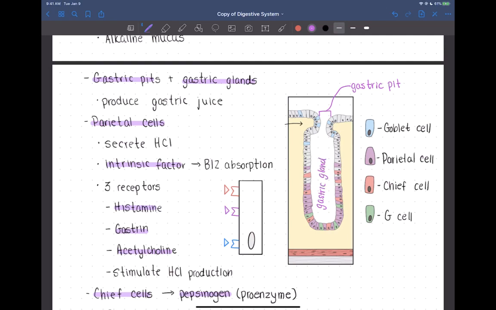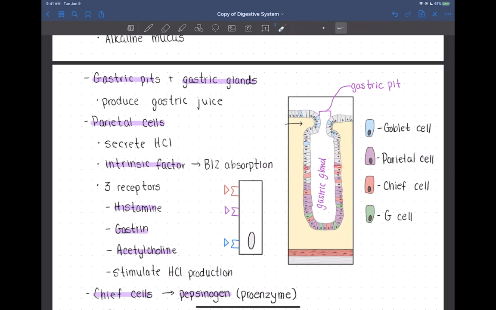Within those gastric glands, we have a bunch of different types of cells. As we mentioned, we have our goblet cells mixed in, making that alkaline mucus for the mucosal barrier. But as we proceed in, we'll come across first these purple cells.